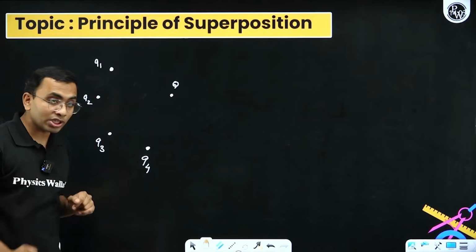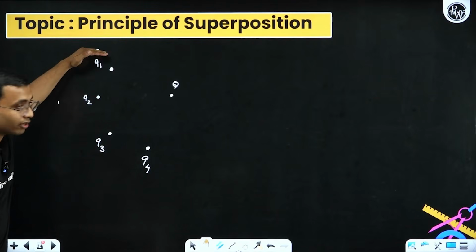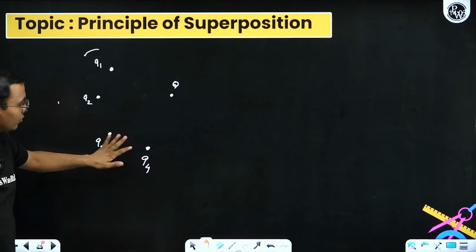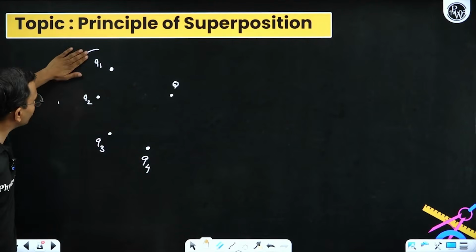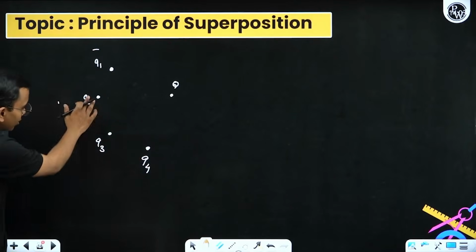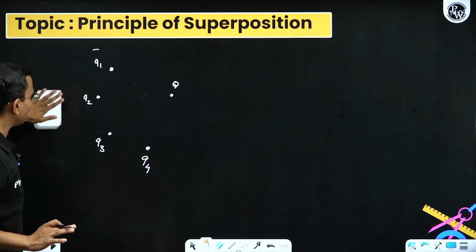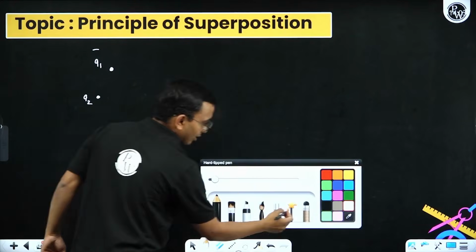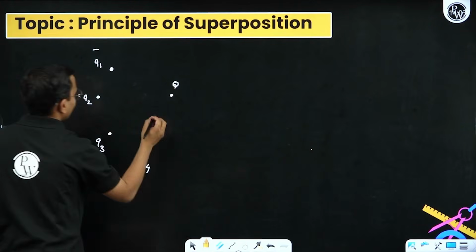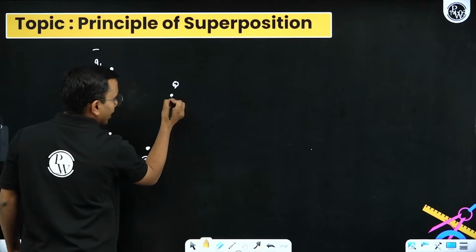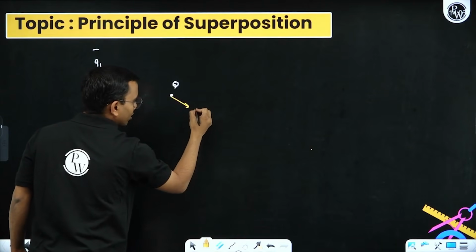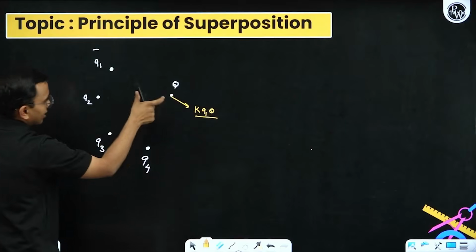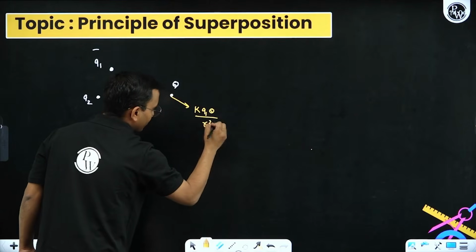Superposition is saying that when you are writing the force due to q1, don't consider q2, q3 or q4. The force due to q1 is independent of the presence of these; it will not depend on the presence of q2, q3 or q4. So due to q1, the force is equal to k q1 q divided by the separation, let us take this is r1, so r1 squared.